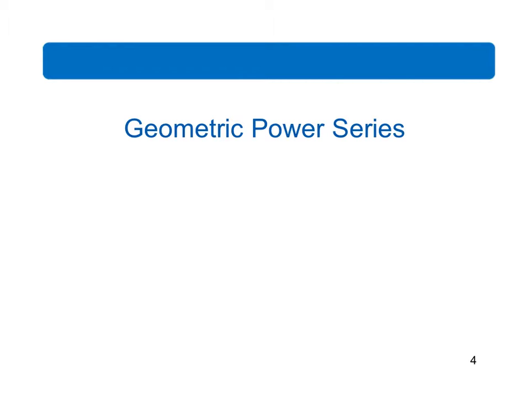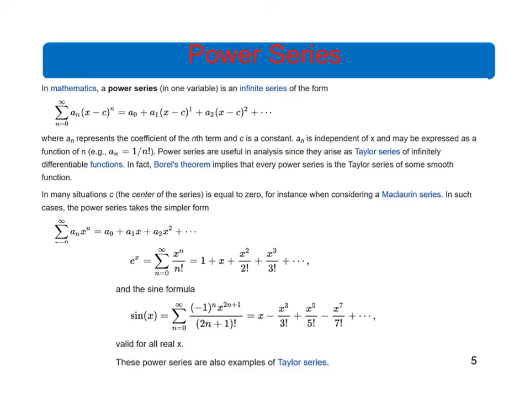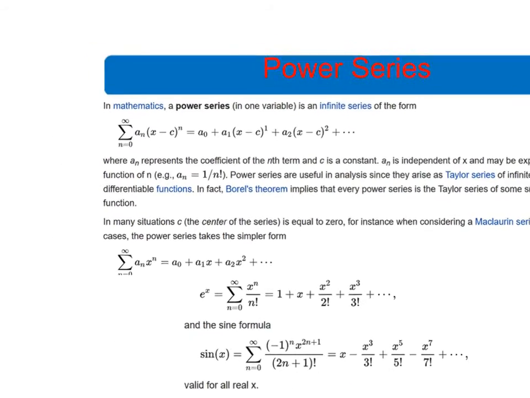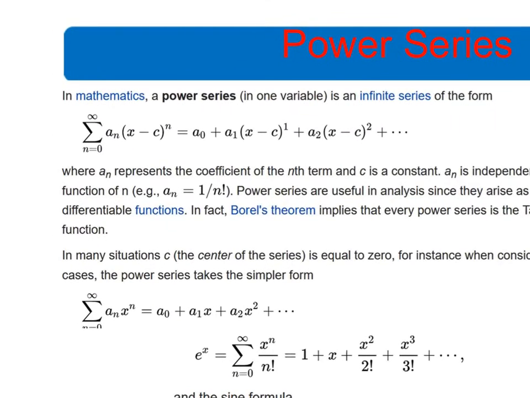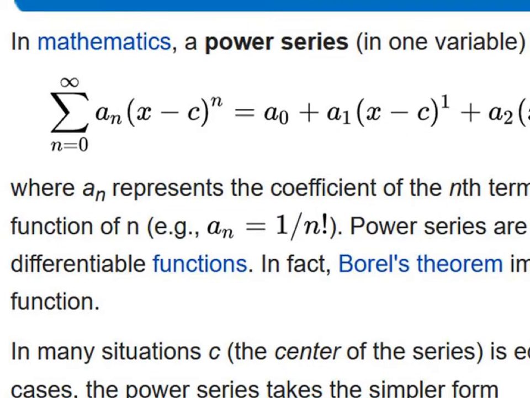Let's talk about geometric power series. First of all, let's review power series. A power series is the summation as n goes from 0 to infinity of a sub n times (x minus c) raised to the n.